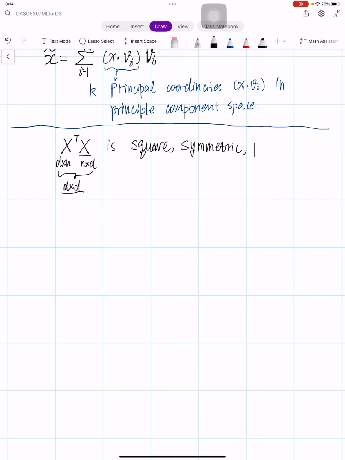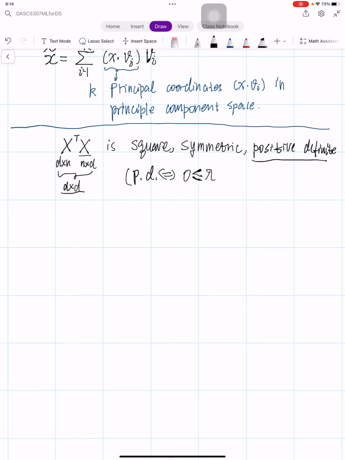Positive definite. Positive definite means, recall that, we have the eigenvalues all non-negative.